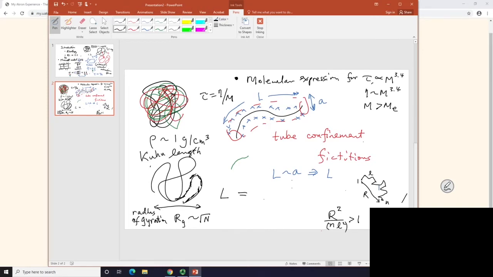But it turns out it's always larger than that, so that's why we like to call this the so-called characteristic ratio, larger than 1. And the other picture of the chain is to treat this as an effective chain, having a unit beyond which it is fully flexible. So we like to treat them as fully flexible now.